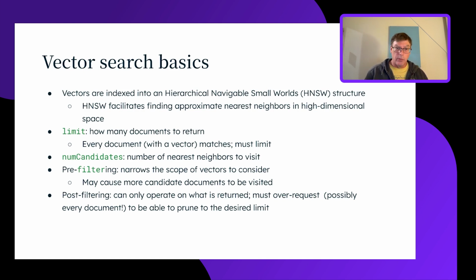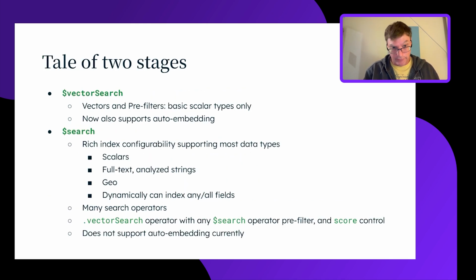The issue with post-filtering is that in order to get the number of documents that you'd like returned, you may need to over-request, possibly even every document, to be able to prune to the desired limit. So pre-filtering is a very important step in vector search. Maybe it's a multi-tenant situation. Maybe you're trying to filter by a geospace or within a category, and you only want documents returned that are within the criteria of that pre-filter specified.